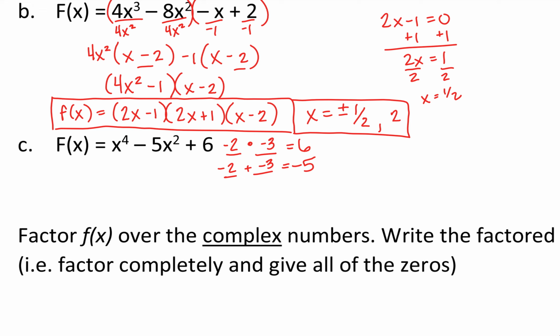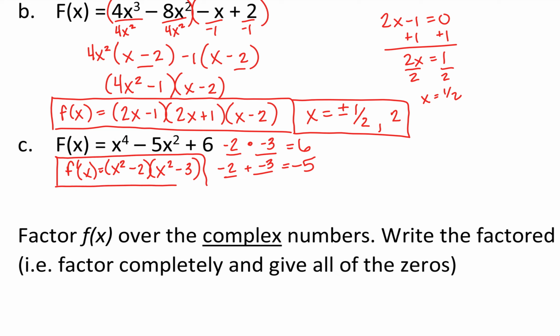Haha, caught my problem. So I am left with x squared minus 2, x squared minus 3. I cannot take the square root of either one of those things, so that is actually my absolute final factored form.